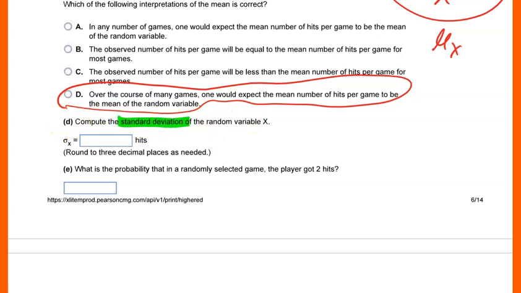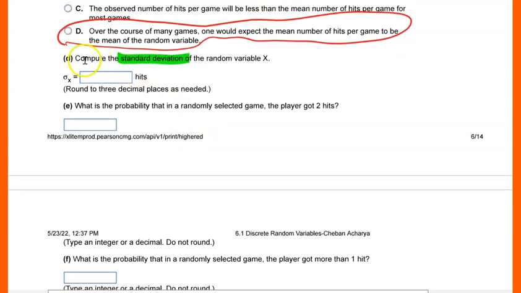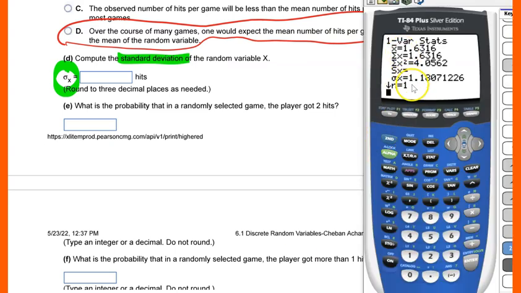Part D, compute the standard deviation of the random variable x. We already found the mean of the random variable, which is this number. Now the question asks you to find the standard deviation of the random variable. The symbol is sigma of x. To find that, we just use the calculator. We already have this summary in the calculator, and you can see sigma x here.